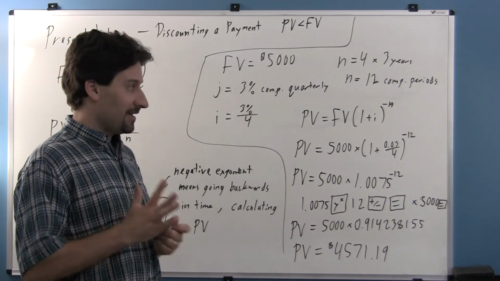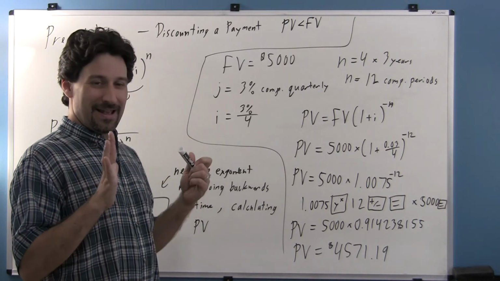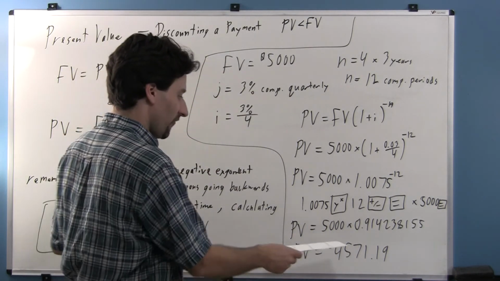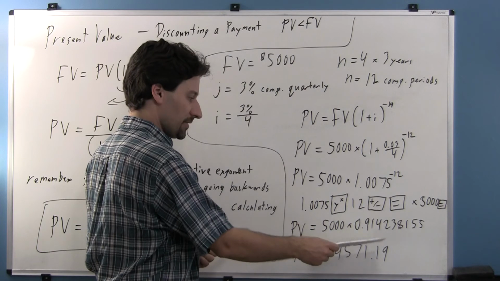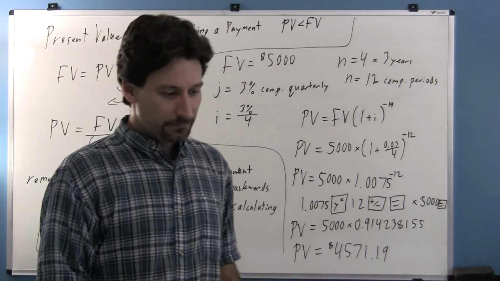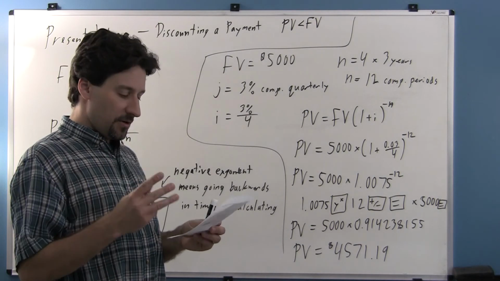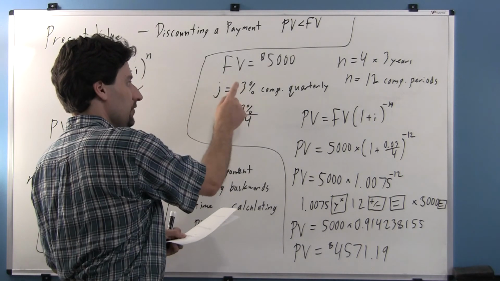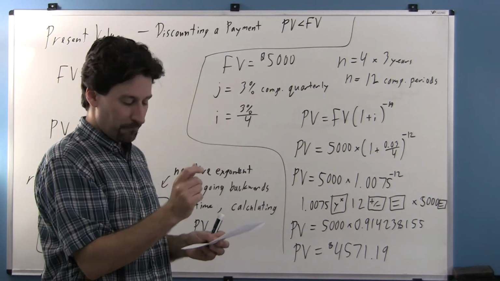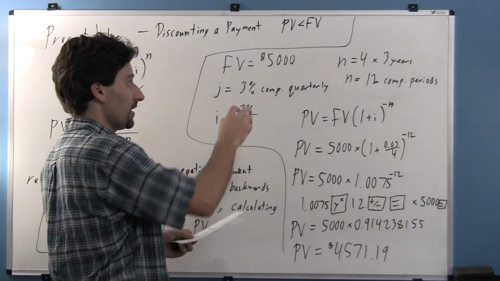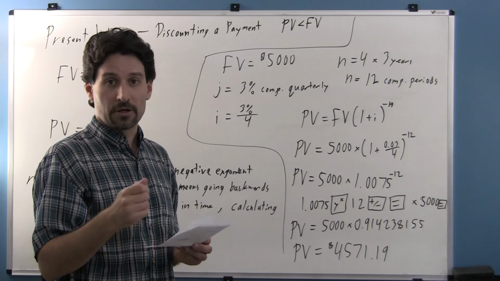But yes, here we figured out that Amy should invest $4,571.19 for 3 years at 3% interest compounded quarterly if she wants to end up at the end of that time period with $5,000 in her account.